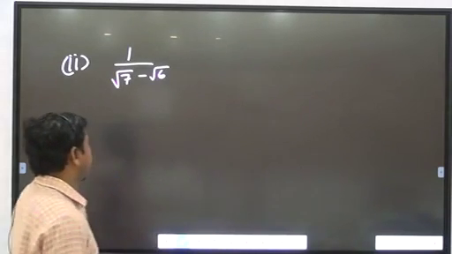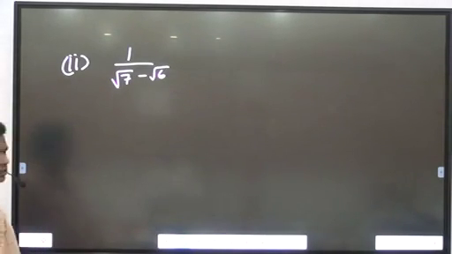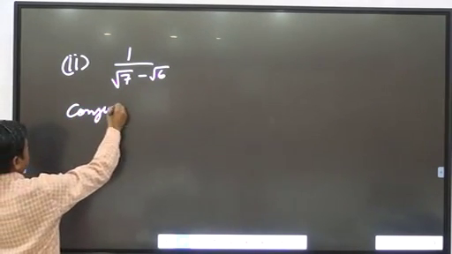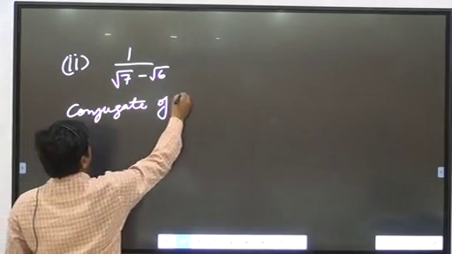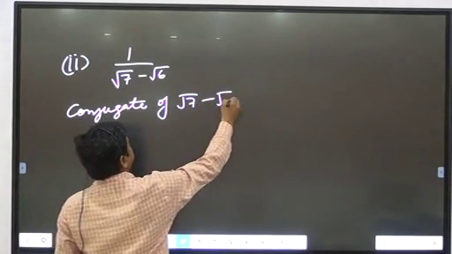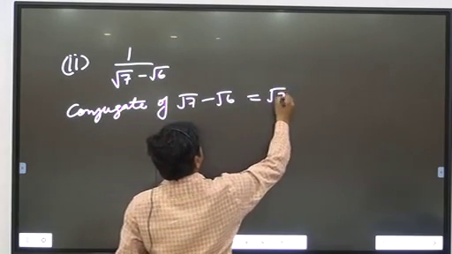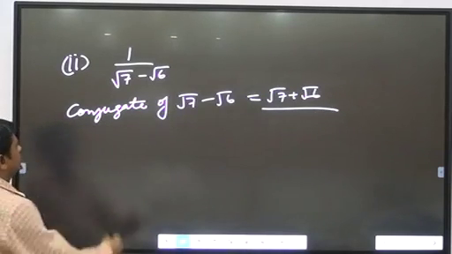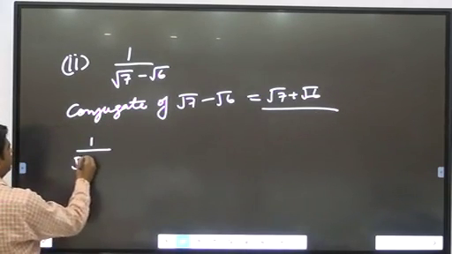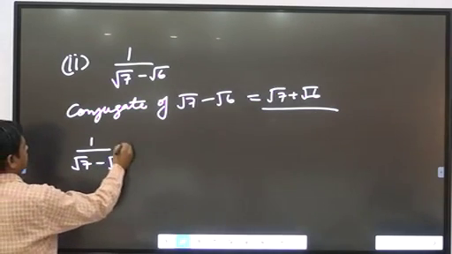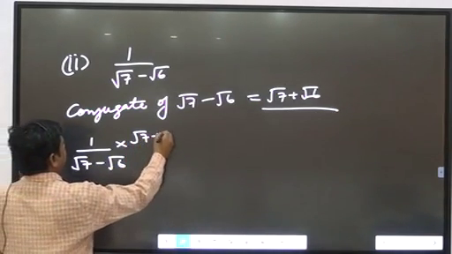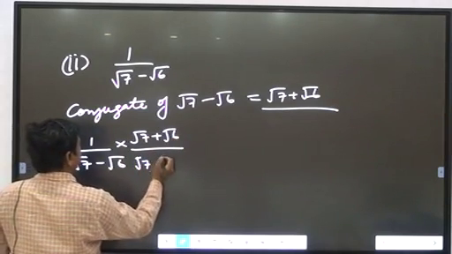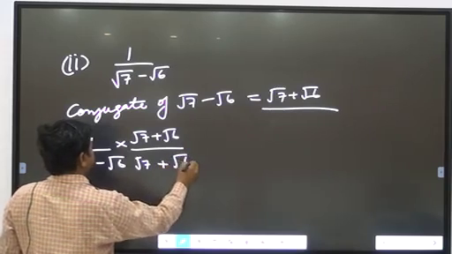And the second part, 1 upon under root 7 minus under root 6. The conjugate of under root 7 minus under root 6 is under root 7 plus under root 6. So we will multiply and divide by the same. So we get 1 upon under root 7 minus under root 6 multiplied by under root 7 plus under root 6 upon under root 7 plus under root 6.